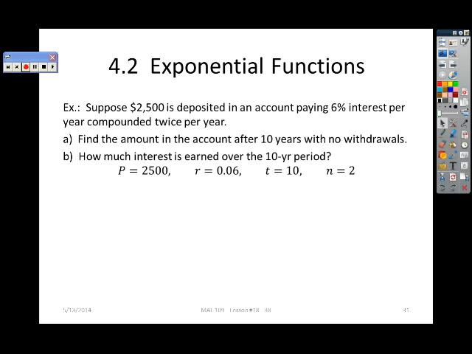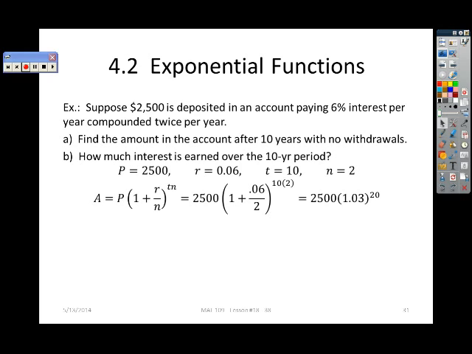Well, in the formula, here's the formula right here, the A is going to be the amount in the future. That's what we're going to try to find. The P is how much you started with. That's our 2,500. So P is 2,500. R is our interest rate. Well, our interest rate is 6%, but we're going to use it as a decimal, so it's 0.06.